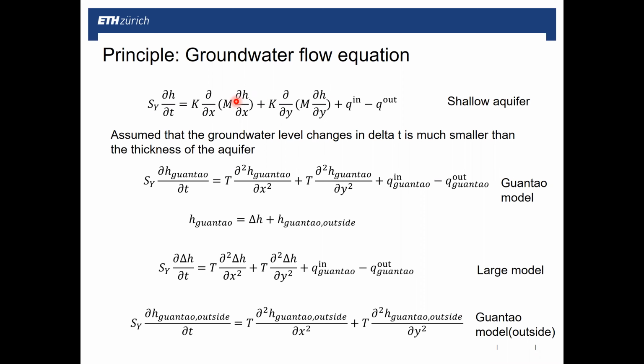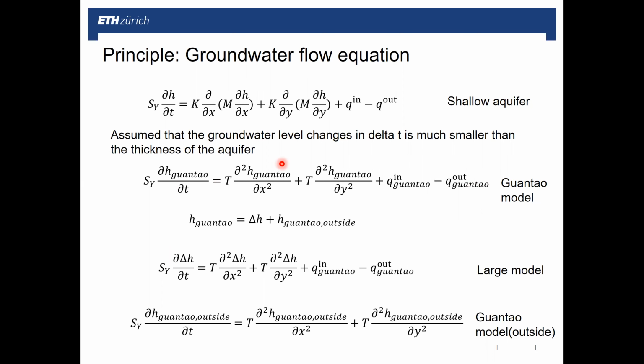It is also a function of H, so it is nonlinear. Here we make the assumption that the groundwater level change delta H is much smaller than the thickness of the aquifer. If we meet this assumption, we can move the M outside of the bracket, and then we get this groundwater flow equation for the groundwater model.